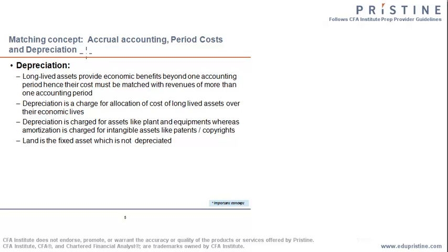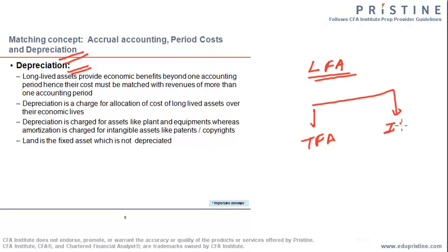One of the critical period costs is depreciation, which is accounted for in the period in which it is incurred. Now what is depreciation all about? Depreciation is basically charged to long-term fixed assets. Long-term fixed assets can be divided under two heads: tangible fixed assets and intangible fixed assets.